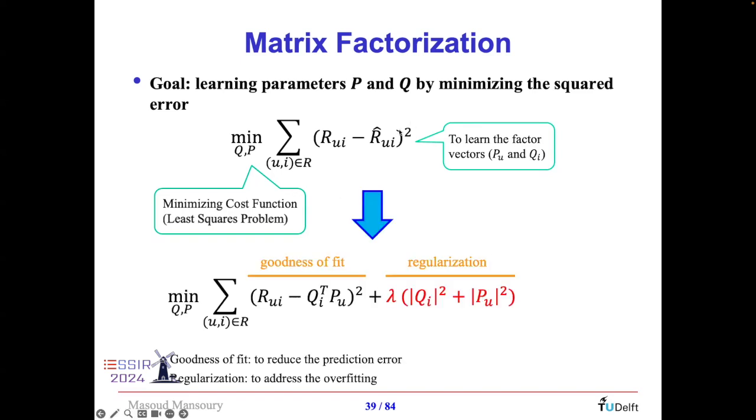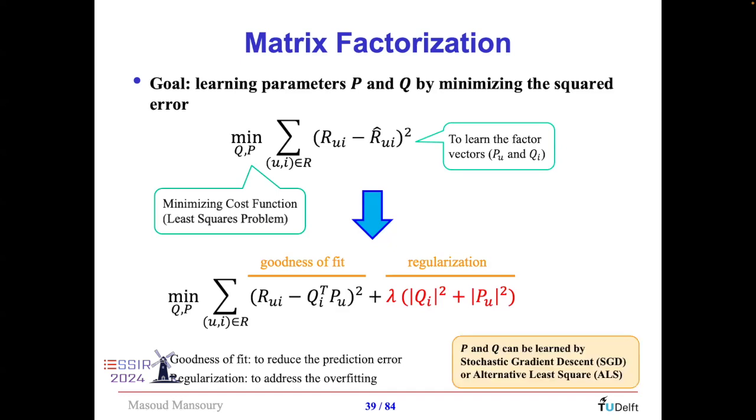In the previous slide, we saw this prediction is a dot product between the representations of the items and the users, and then we also include a regularization term for avoiding overfitting. By minimizing this objective function, we learn P and Q, which are the parameters for the representation of the users and items.